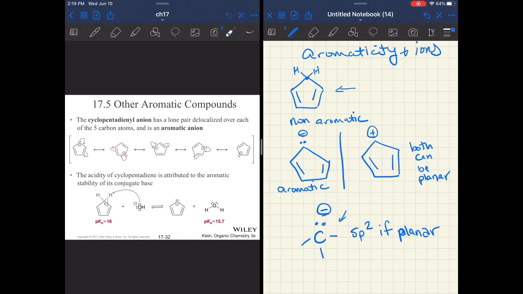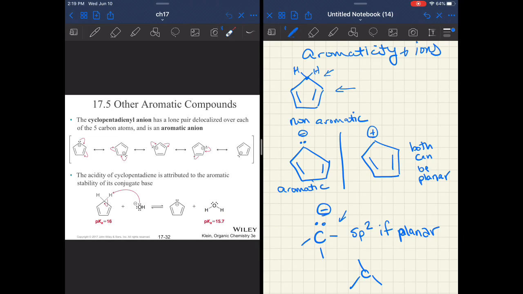Those bonds are not going to be able to be squished together so that it can be planar. This one will always have that tetrahedral geometry on that carbon. But the charge, the fact that we are not bonded to another nucleus, gives us a little flexibility. Now, if it's held planar, that means we have sp2 hybridization around that carbon, and it's trigonal planar.